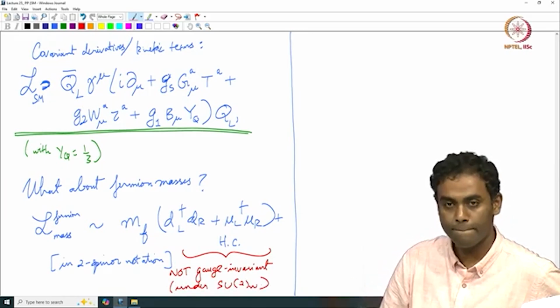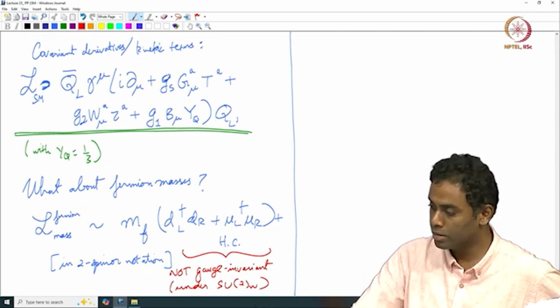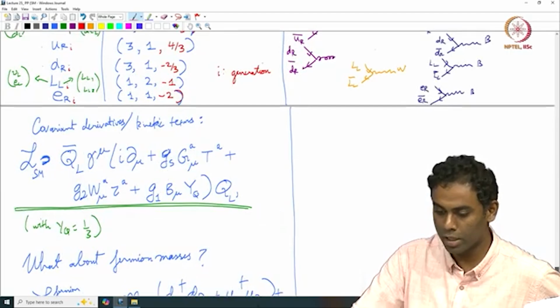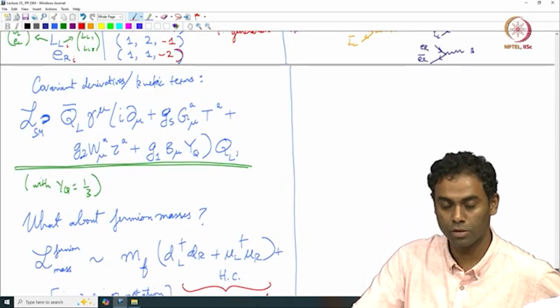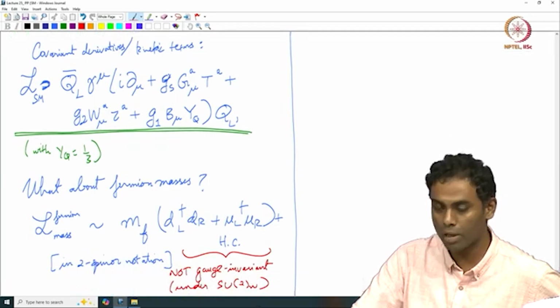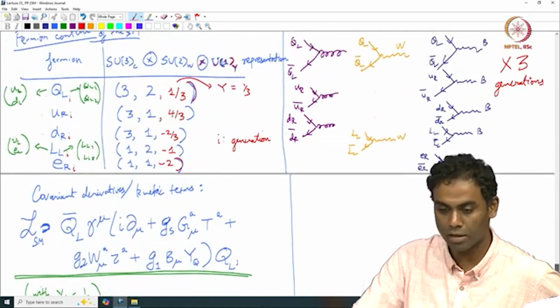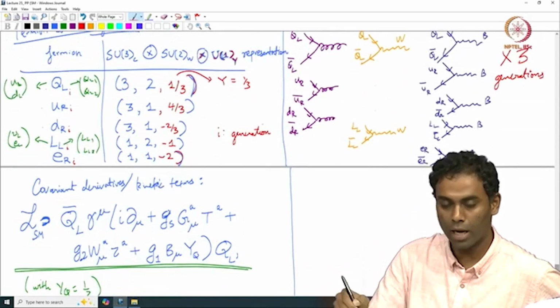Do you agree? So gauge invariance has imposed this chiral structure on me, that I need to have massless spinors so that the left-handed and the right-handed components actually can transform independently.